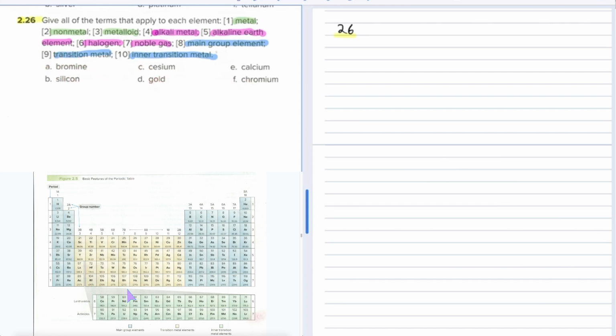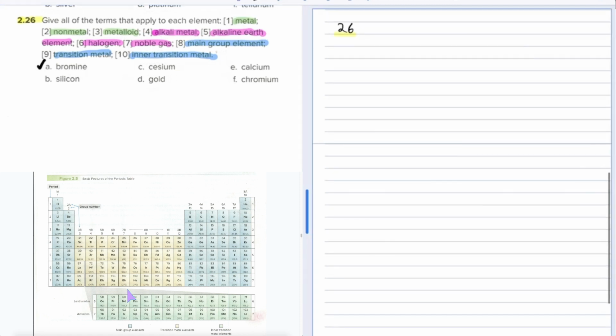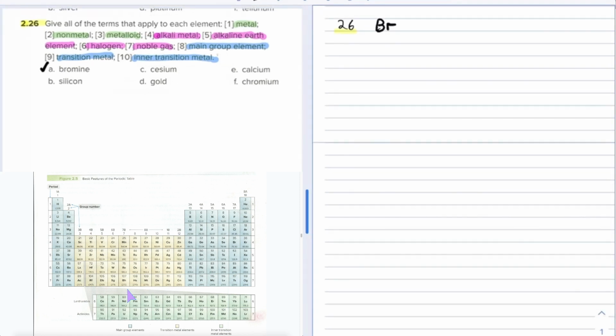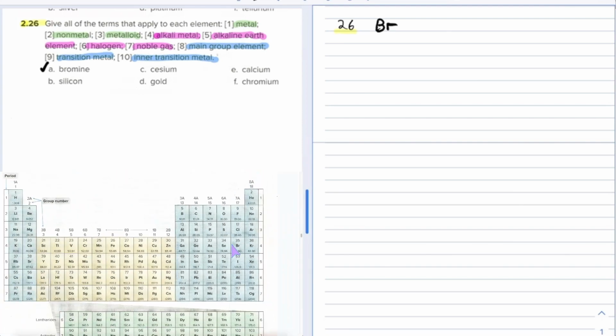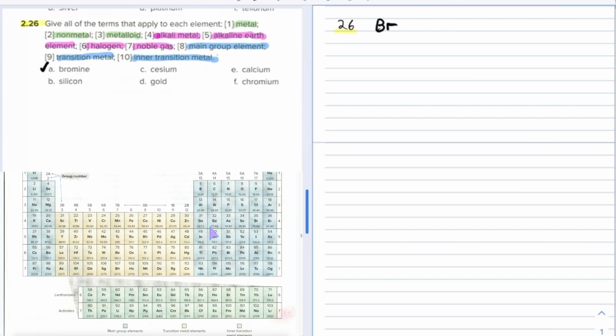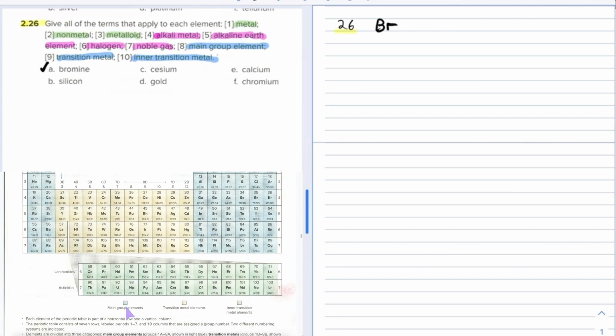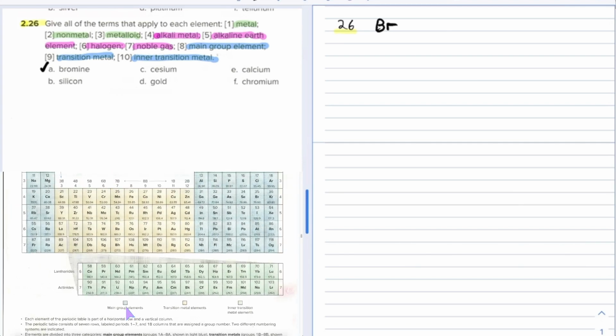First of all, bromine. I'll check them off as I go. Let's find bromine first of all. Bromine is over here, element number 35, and according to this periodic table it's one of the main group elements.